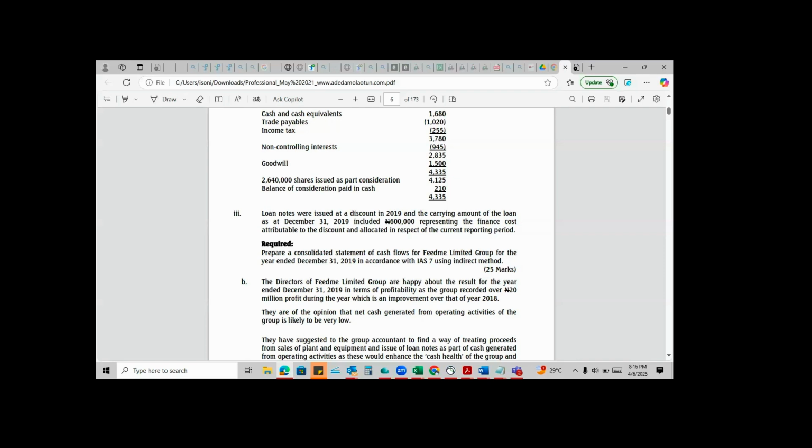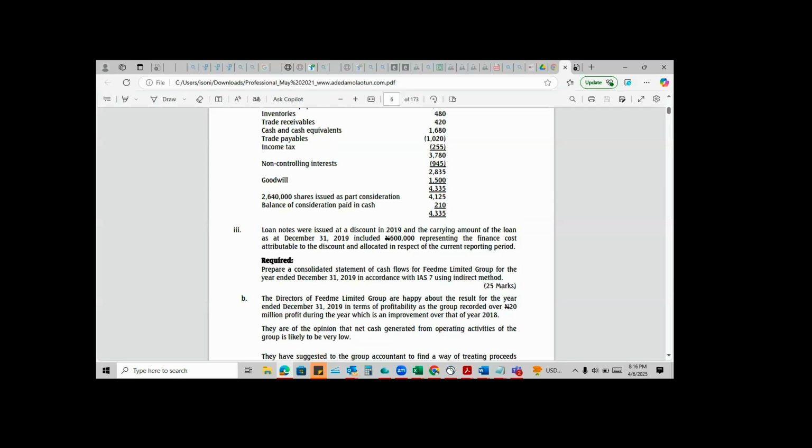We saw that in the question we solved in the last class as well. So I don't expect it to be a problem. Also, the last additional information: there are loan notes. Loan notes were issued at a discount.